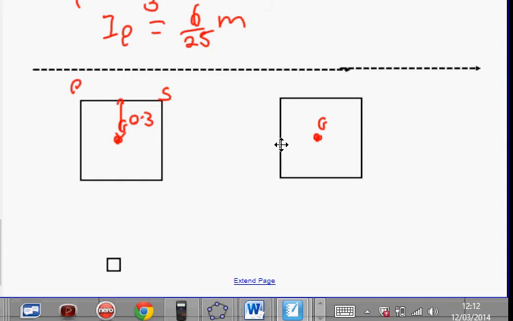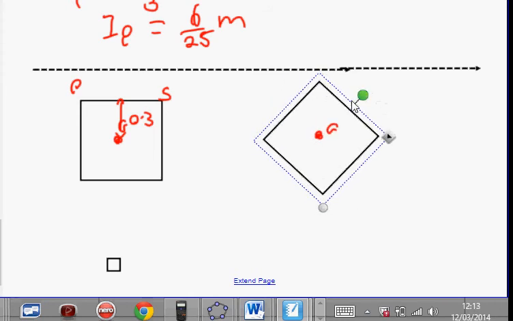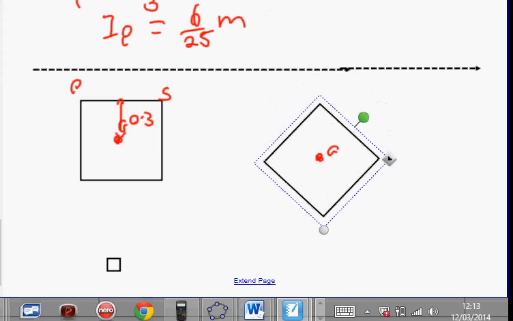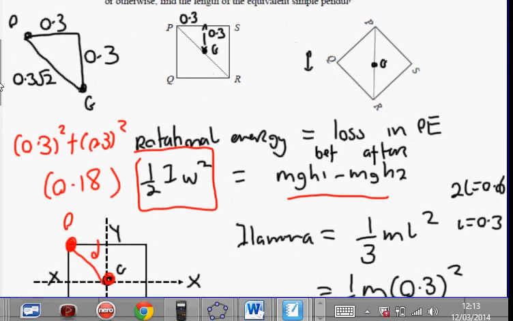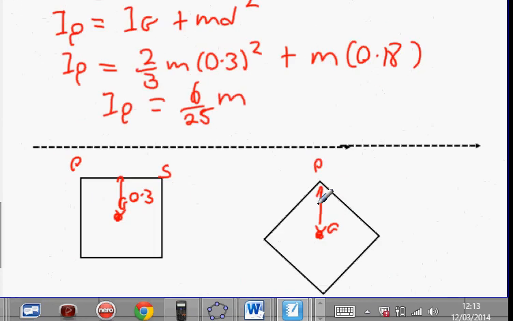So we'll see what this is now. So when we rotate it underneath, it's now going to be directly underneath P, and this distance we know already is the hypotenuse of the triangle from earlier, which is going to be 0.3 root 2. So this is 0.3 root 2.